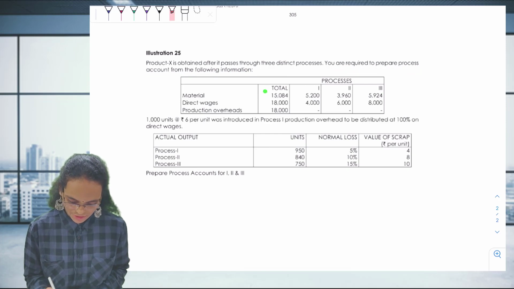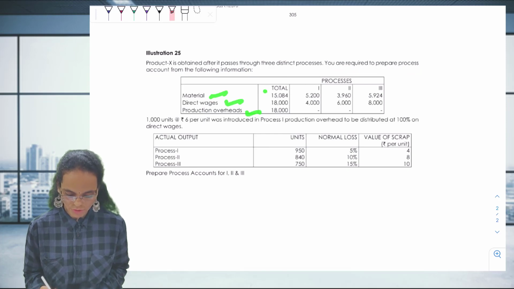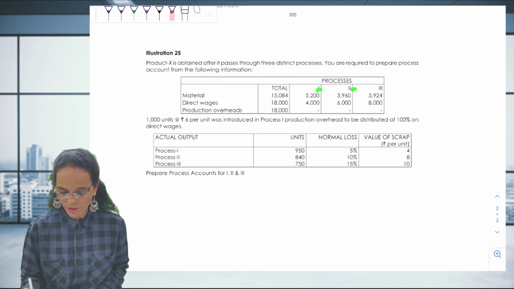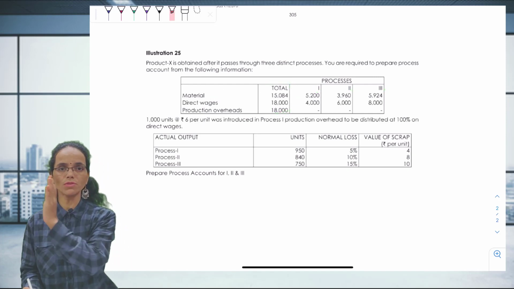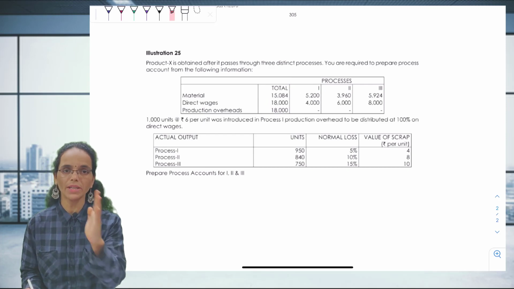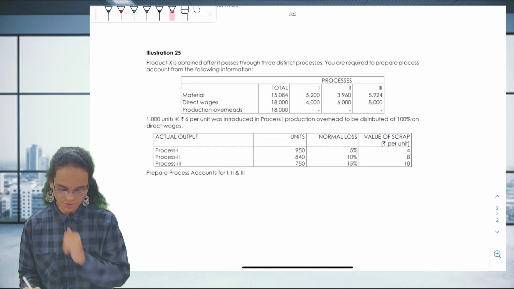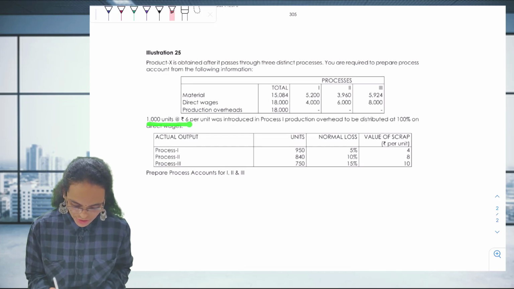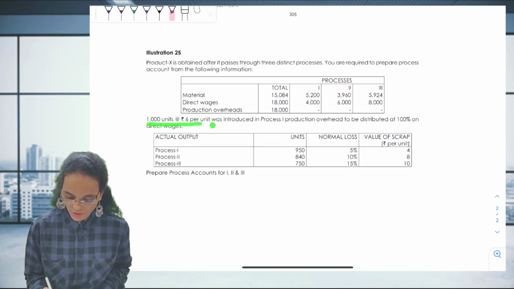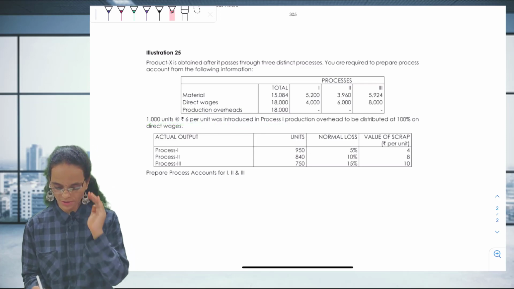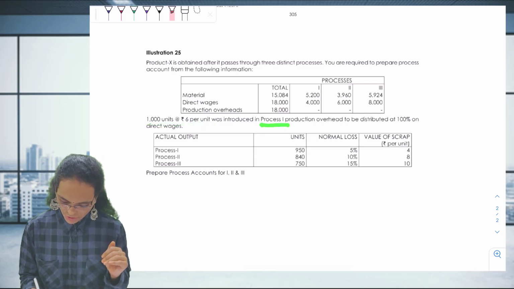Material, direct wages and overheads are given. The total amount is this one, and for each process, the exact cost incurred for material, direct labor and overheads is given for the 3 processes. 1000 units at 10 rupees each were introduced in process 1.